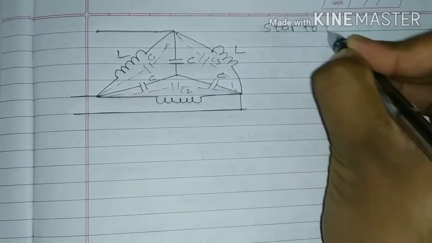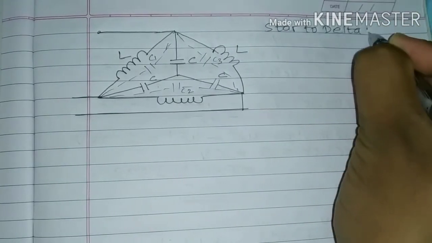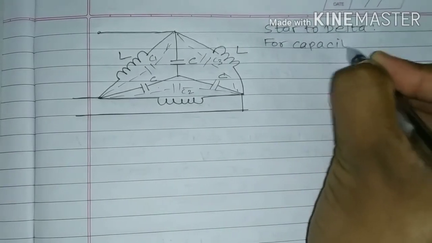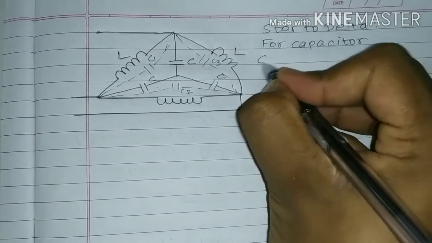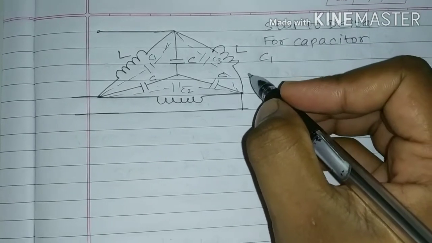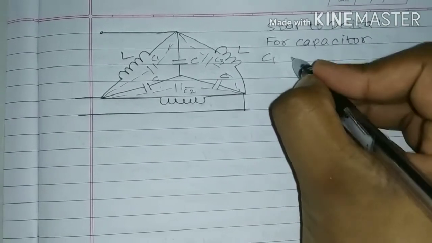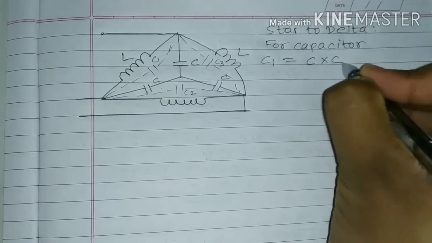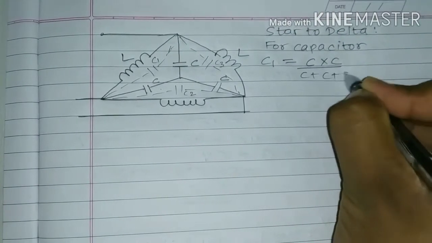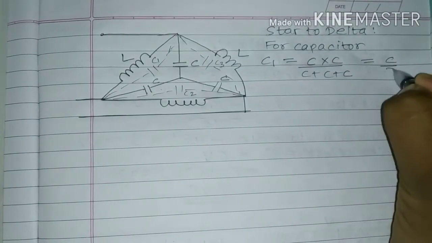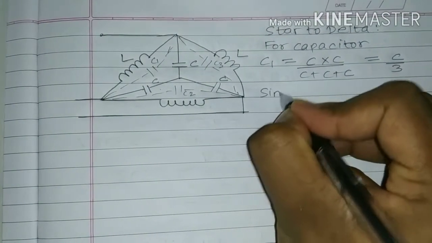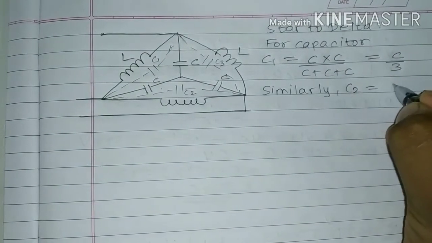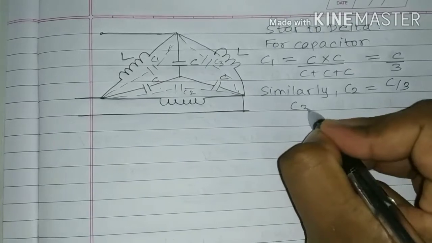So by star to delta transformation for a capacitor, C1 is equal to C into C divided by C plus C plus C, which is equal to C by 3. Similarly, C2 is equal to C by 3 and C3 is equal to C by 3.